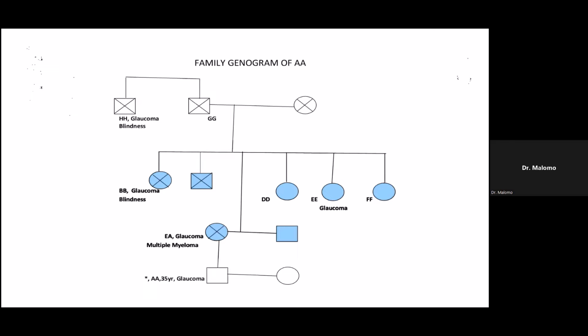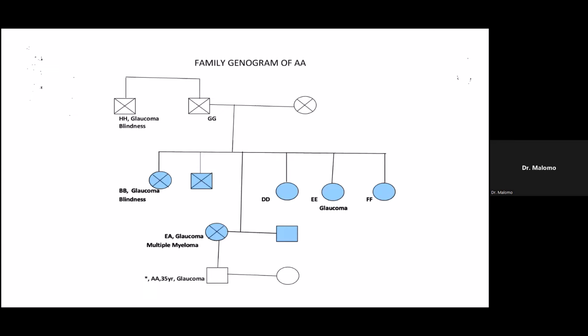And you can see in the same color, her siblings. She had 5 siblings. The firstborn is BB, who is also deceased, but before dying, had glaucoma and was actually blind. Now, out of the 3 remaining siblings, DD, EE, and FF, you can see that EE had already been diagnosed with glaucoma.